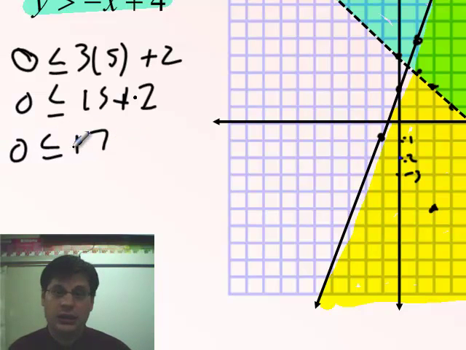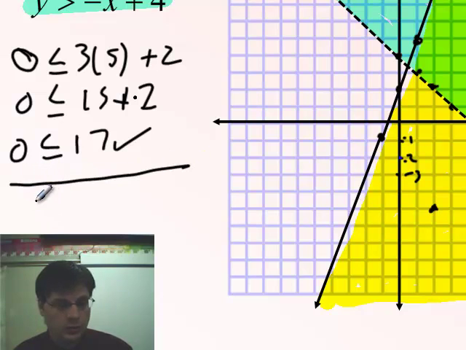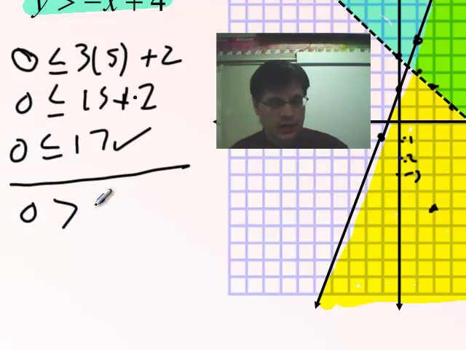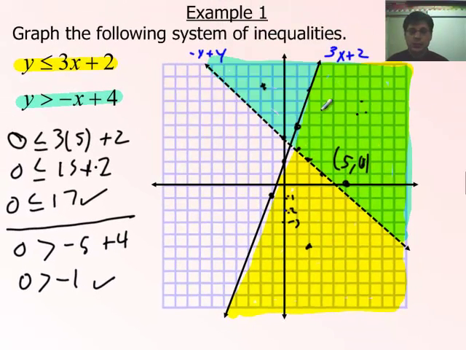Is that true? Is 0 less than or equal to 17? The answer is yes. So it works for the first one, but what about the second one? 0 is greater than negative 5 plus 4, so 0 is greater than negative 1. Is that true? Yes, it is. So we can see that this point here is a solution for this system of inequalities, as is any point in this overlapping region.